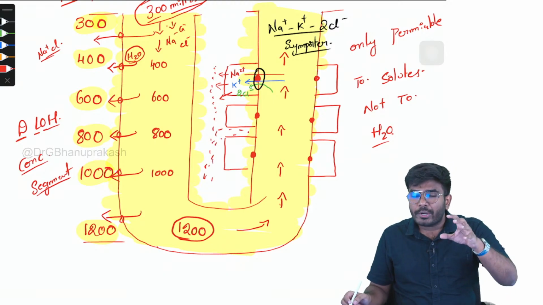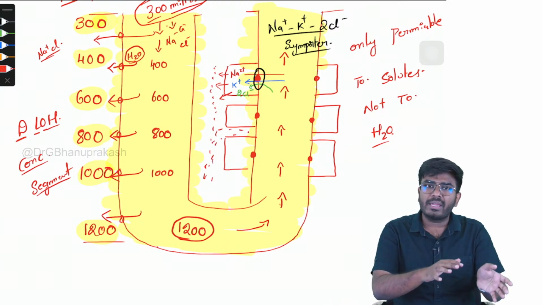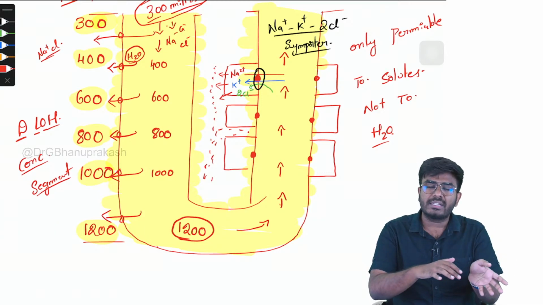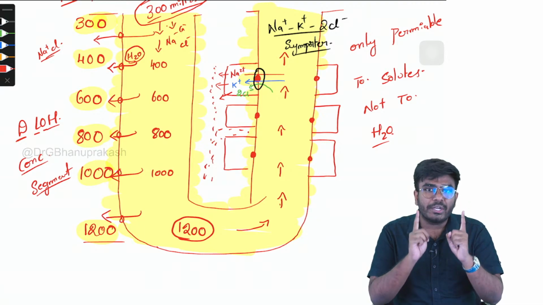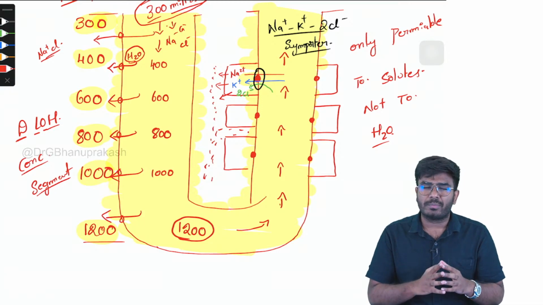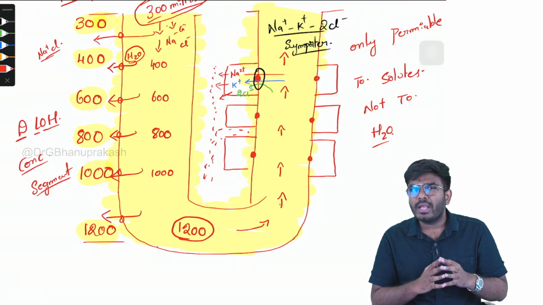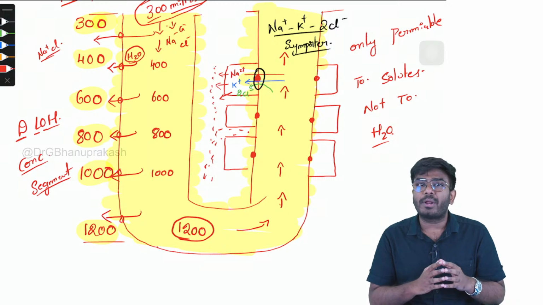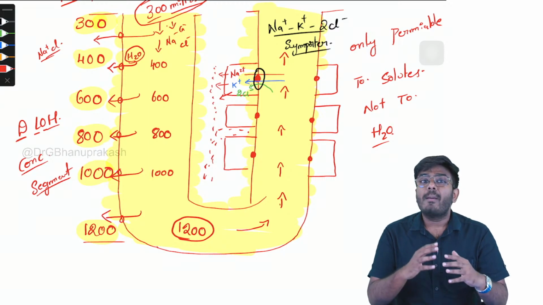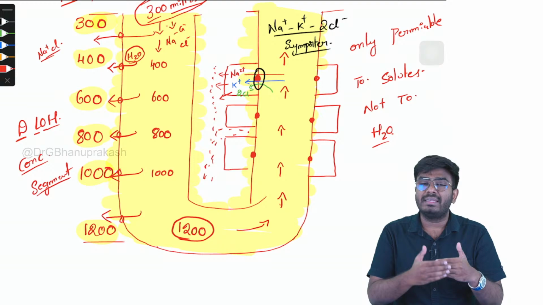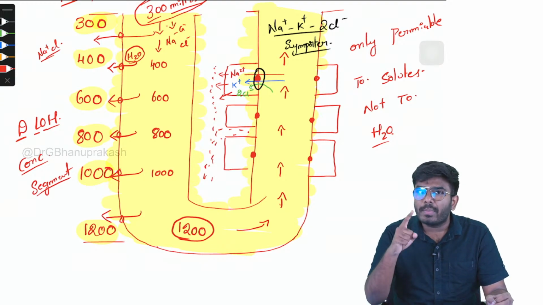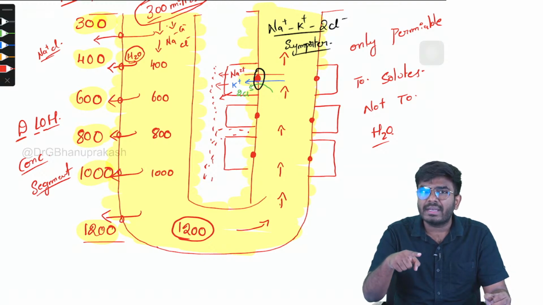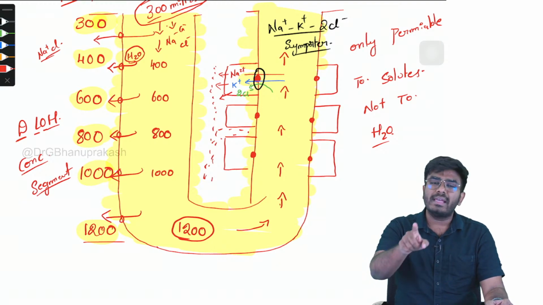In the medullary interstitium, sodium is coming and getting deposited, potassium is getting deposited, chloride is getting deposited. So ions are getting deposited in the medullary interstitium. Can we say the medullary interstitium is getting hyperconcentrated, or medullary hyperosmolarity is created, with the help of which transporter? Medullary hyperosmolarity is created with the help of the sodium, potassium, 2 chloride symporter.